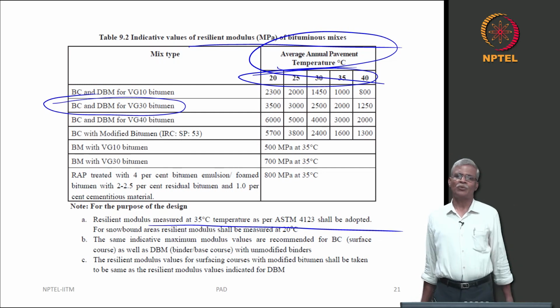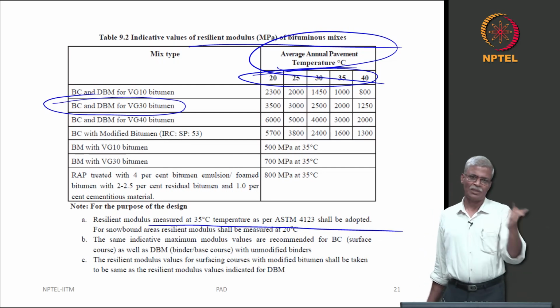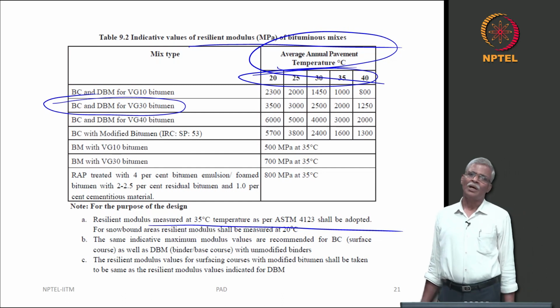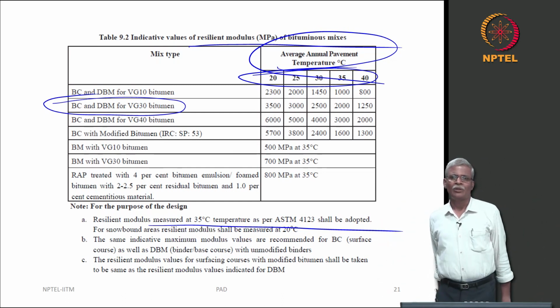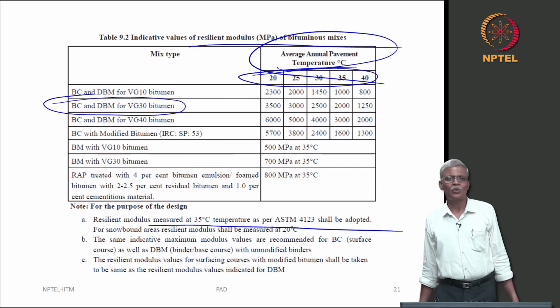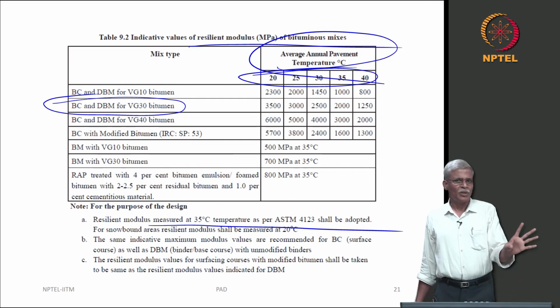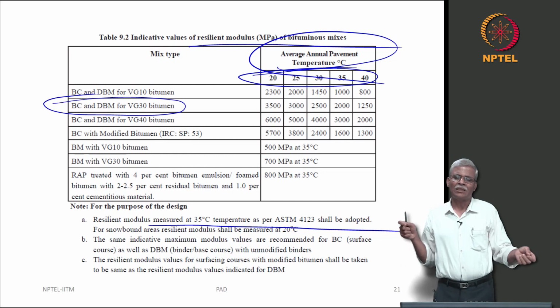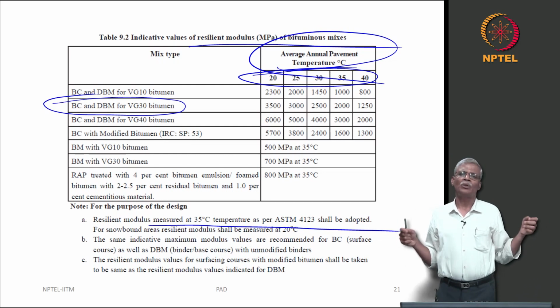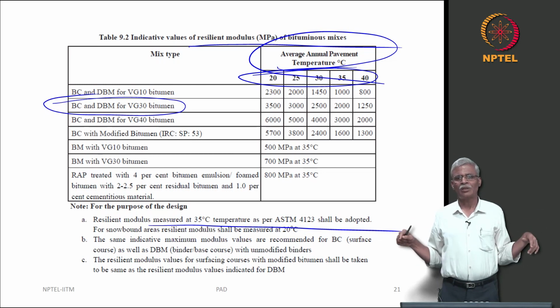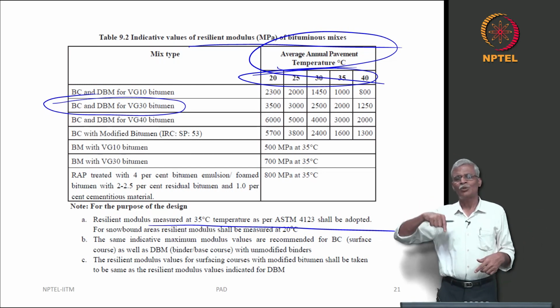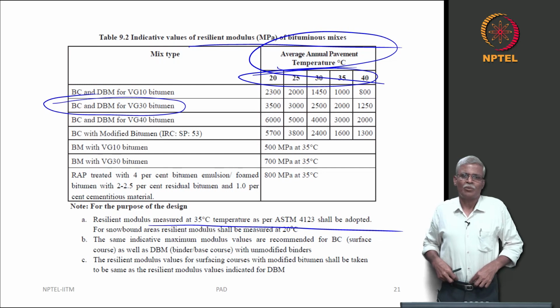In lieu of ASTM 4123, ASTM D7369 has been introduced, and that is a kind of tedious complex method. So, what IRC says, look, there is only one difference. What is the gauge length that you use? In ASTM 4123, you assume a Poisson's ratio of 0.45, you measure the horizontal deformation, and then you use a simple formula to compute the modulus.